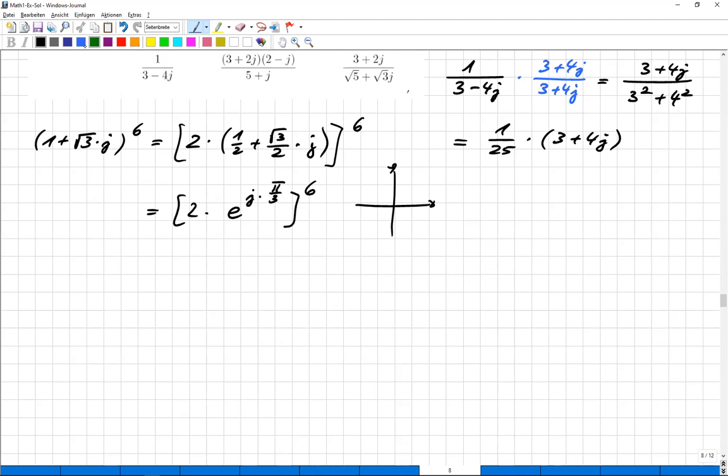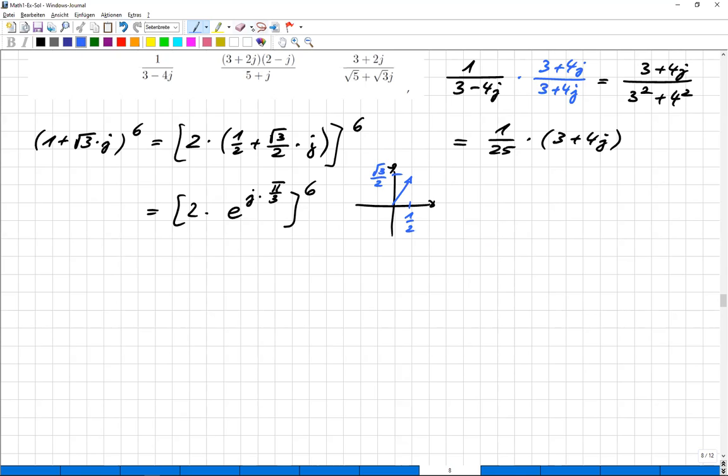Now, here inside, it would look a little bit like this, perhaps a little steeper, like this. You know what I mean? So the real part would be 1/2, and the imaginary part like root 3 by 2. This is near to 1.